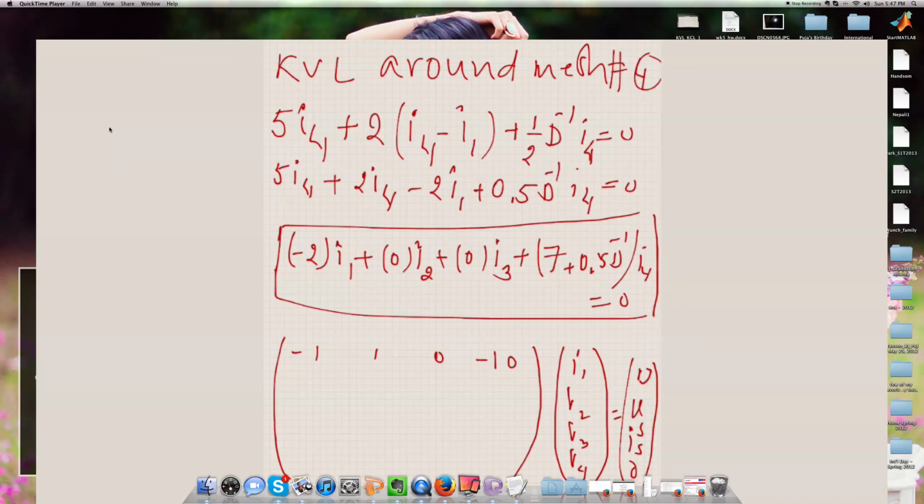This is from the first box, and then the second box gives us 2 plus 3D, 4, minus 4, minus 2. The third gives us 0, 0, 1, 0. The fourth gives us -2, 0, 0, 7 plus 0.5 D inverse. So that would be the matrix expression.